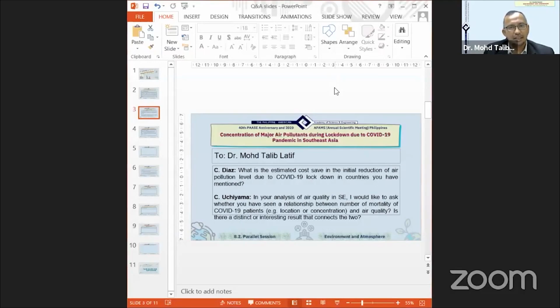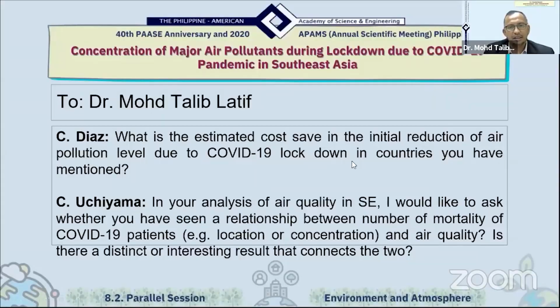I think we need to be careful in terms of the air pollutant. As I mentioned in my presentation, there were several pollutants that reduced, for example NO2, PM10, and SO2 a little bit. But there is also an increasing trend of certain air pollutants such as surface ozone. So we need to make sure that we use all the data to estimate the impact on human health. That's my answer. Thank you.